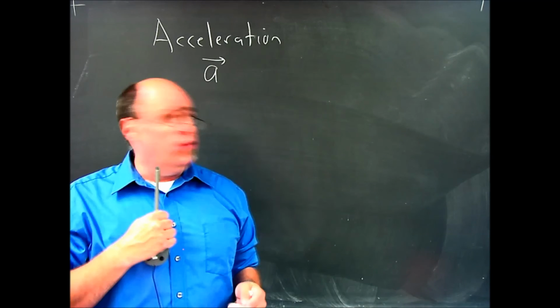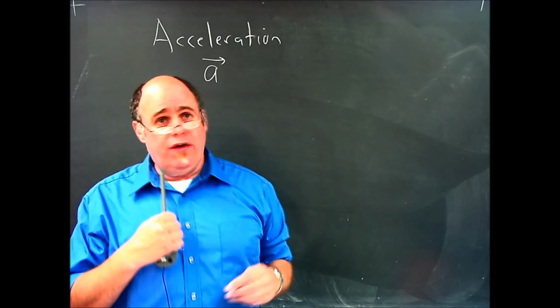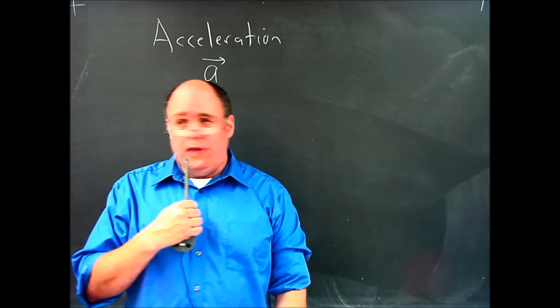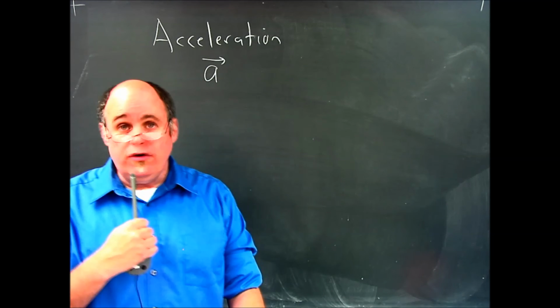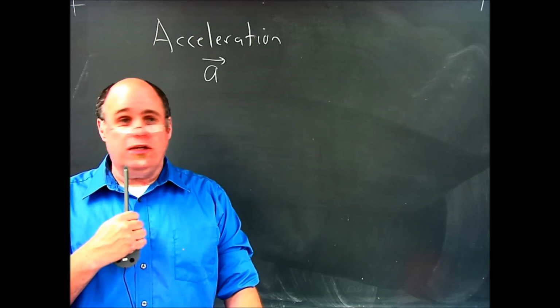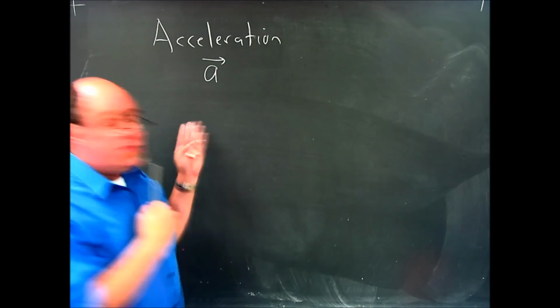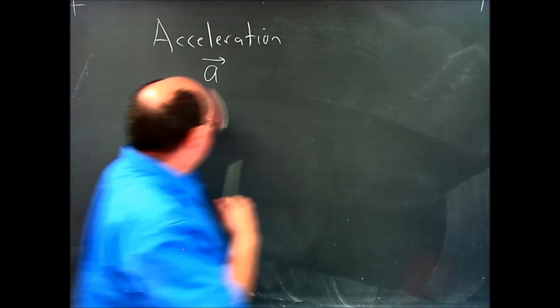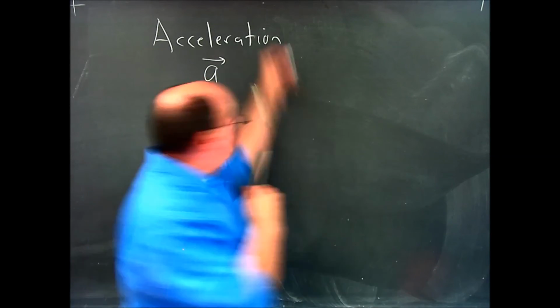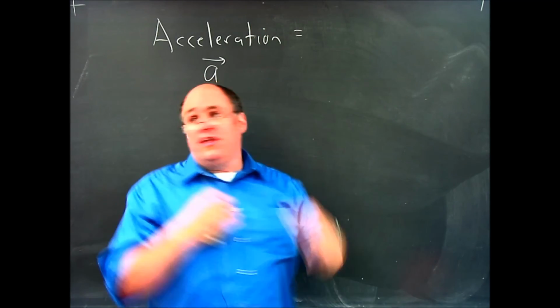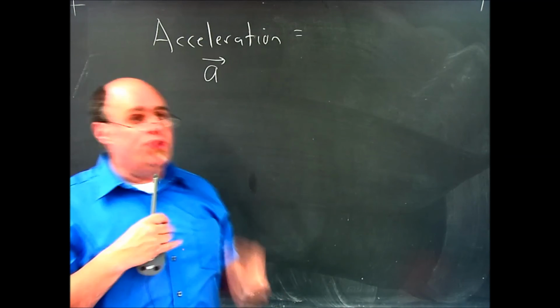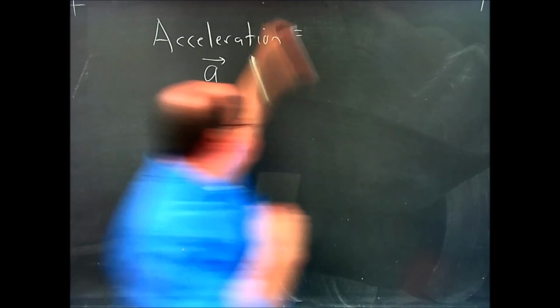You can accelerate towards the center of a circle as you're going around a rotary or an amusement park ride. There's acceleration towards the center. It's called centripetal acceleration. So acceleration has a particular direction associated with it. And with acceleration, we would basically use words and we would say it's the change in velocity with respect to a change in time.